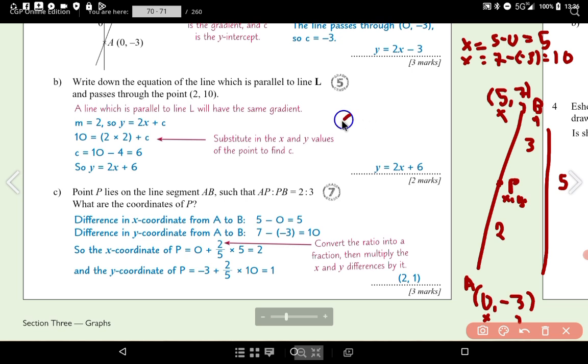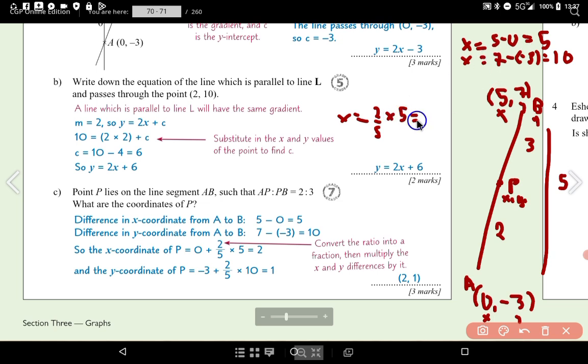So for the x coordinate for p, we're going to use this ratio, 2/5, times the difference in the x-axis, which was 5.